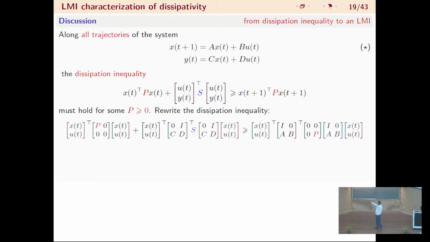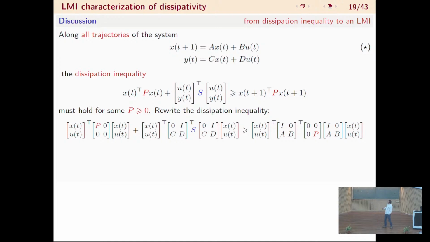If you look here, identity times xu is going to give x. A B times xu is going to give me x of t plus 1. Therefore, this is the right-hand side.